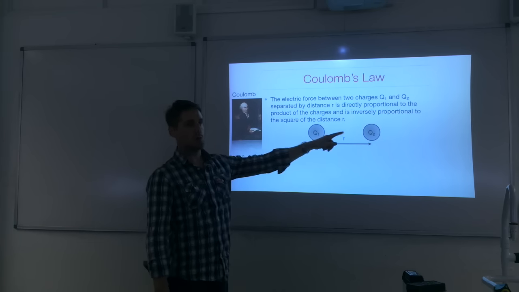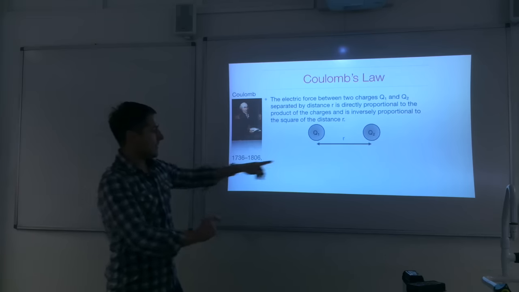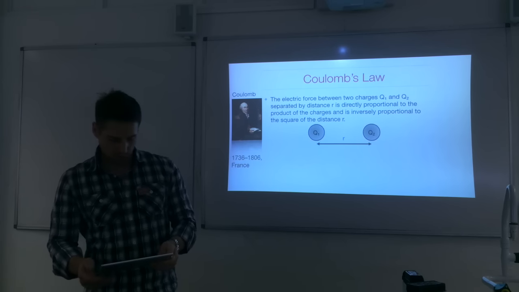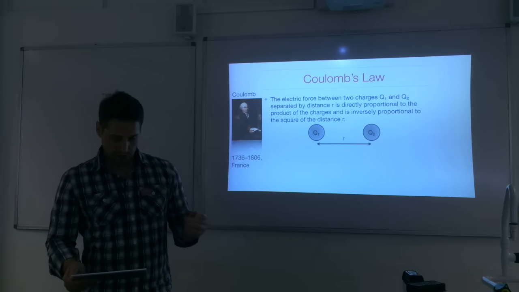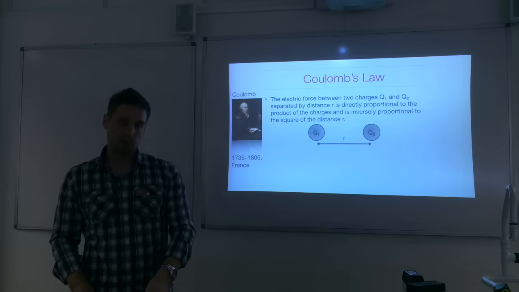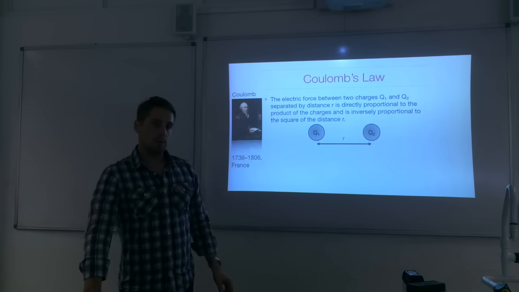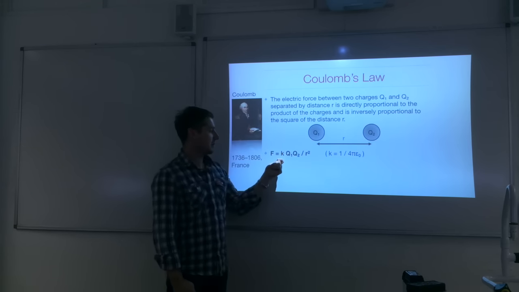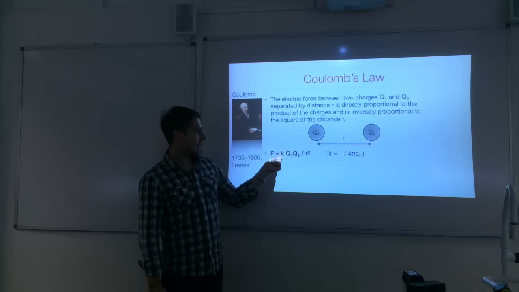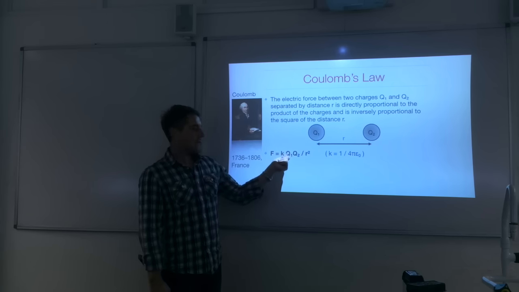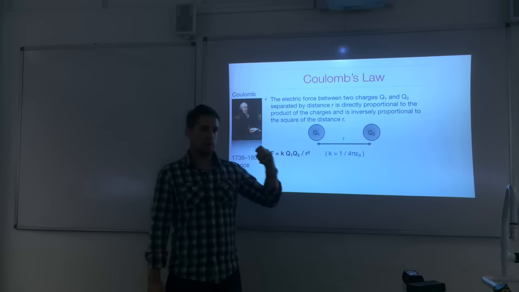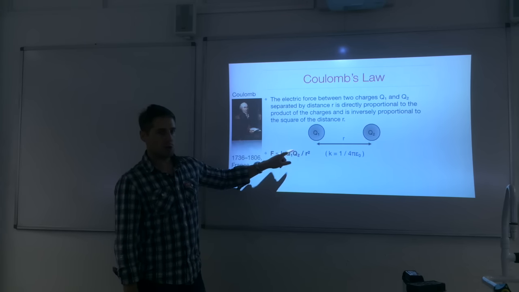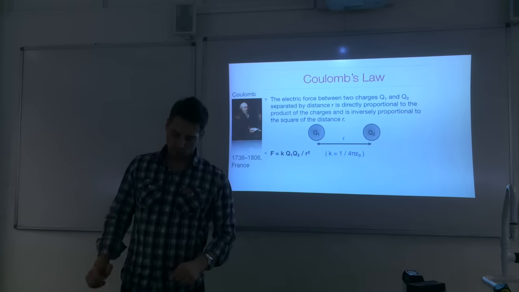If we take two charges, Q1 and Q2, and their separation is r, measured from the centres of Q1 and Q2, the force is directly proportional to the product of the charges, Q1 multiplied by Q2, and inversely proportional to the square of the distance. Here's our constant again. This is the constant of proportionality, equal to 1 over 4 pi epsilon naught, the same constant we saw previously. Product of the charges Q1 Q2 over r squared.